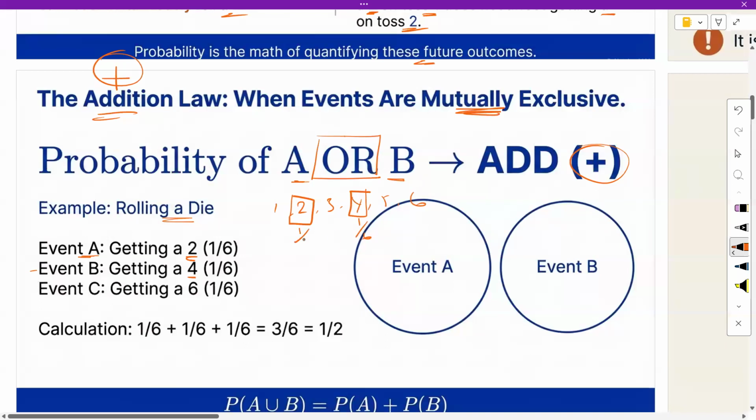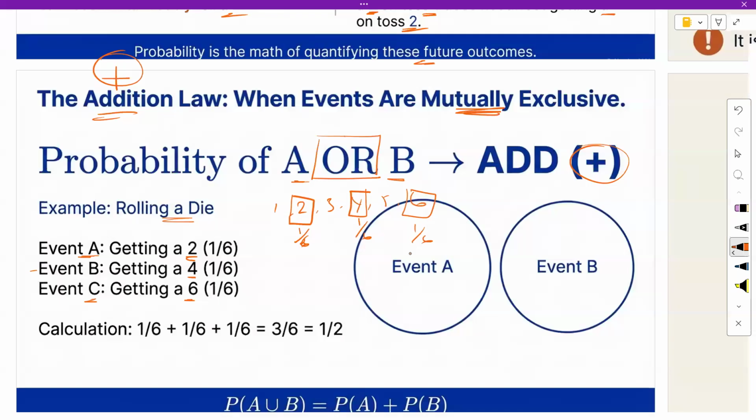Probability of getting 2 is 1/6. And event C is getting 6, 1/6. The question: what's the probability of getting 2 or 4 or 6?